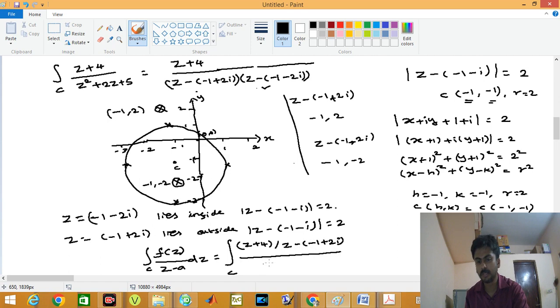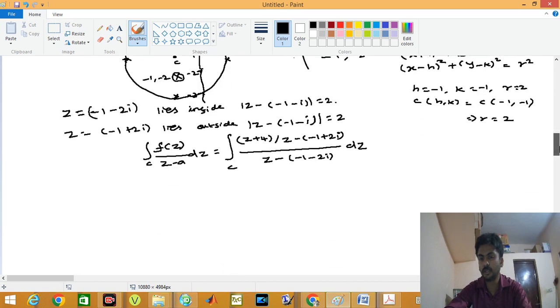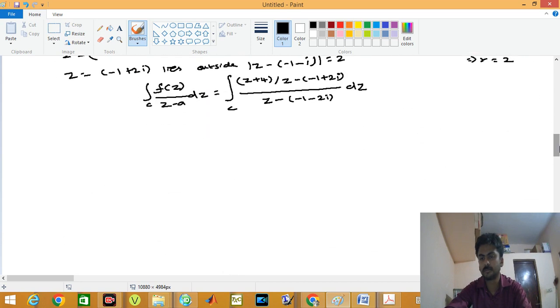divided by z minus a. What is z minus a? z minus 1 minus 2i into dz. Okay, so this is what we have now. Since there are no squares or anything having higher powers in z, we are using the simple Cauchy's integral formula.